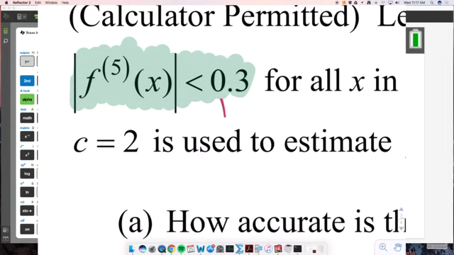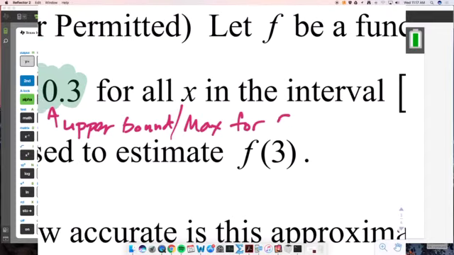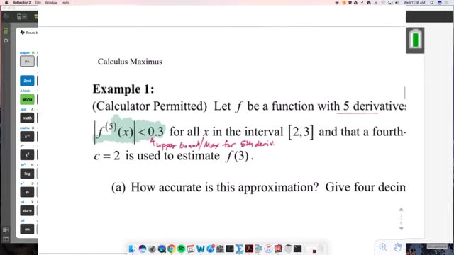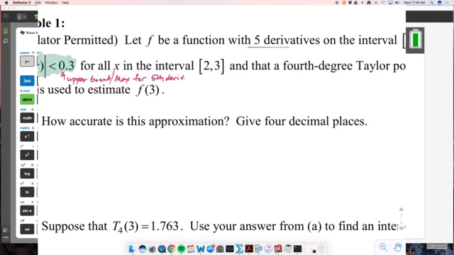This gives us an upper bound, or a maximum, for the 5th derivative. This is going to be one that just lets us get our toe wet. That's the maximum value or an upper bound for the fifth derivative everywhere on the interval between 2 and 3.